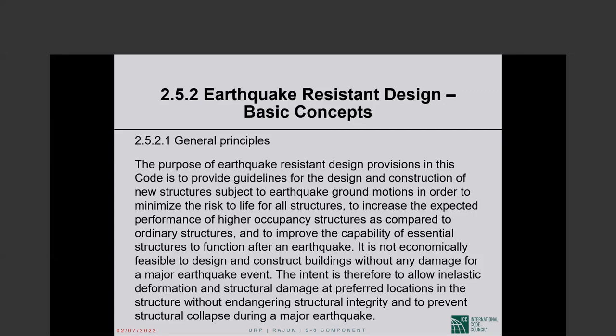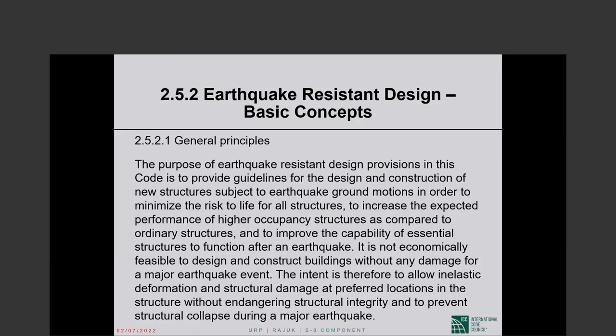Okay, so anyway, the purpose of earthquake-resistant design provisions in this code is to provide guidelines for the design and construction of new structures subject to earthquake ground motions in order to minimize the risk to life for all structures, to increase the expected performance of higher occupancy structures as compared to ordinary structures.